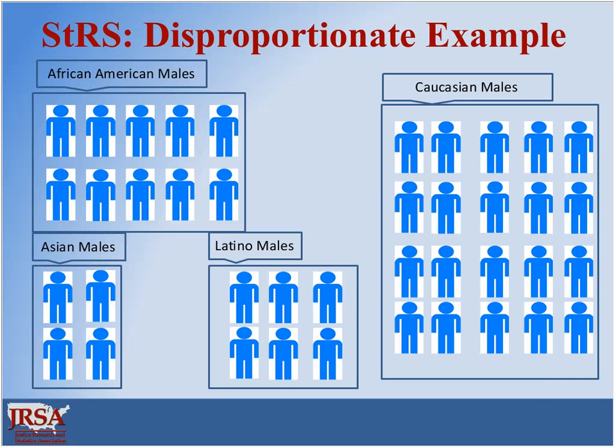But disproportionate is the alternative. So say we want to oversample some of the smaller subgroups.